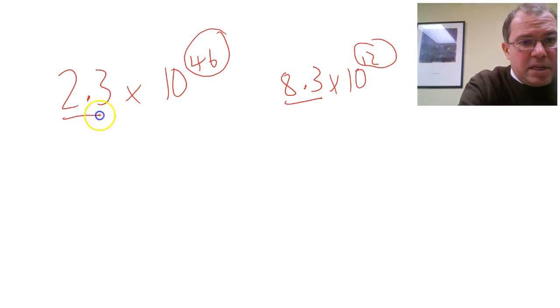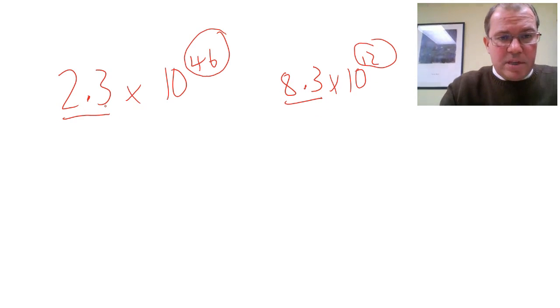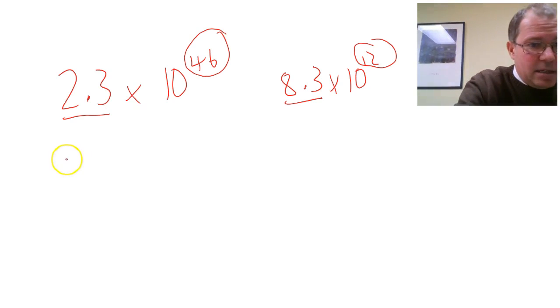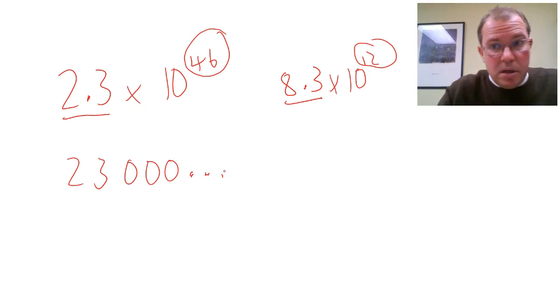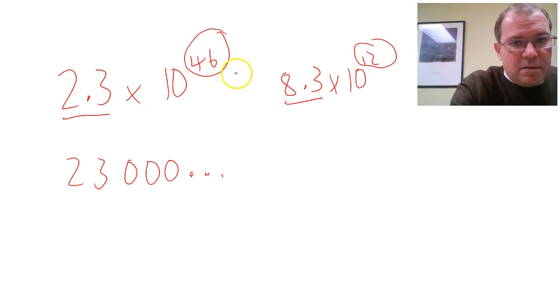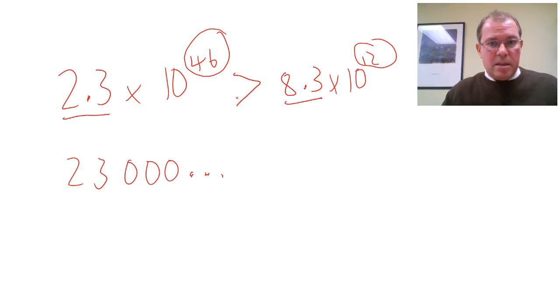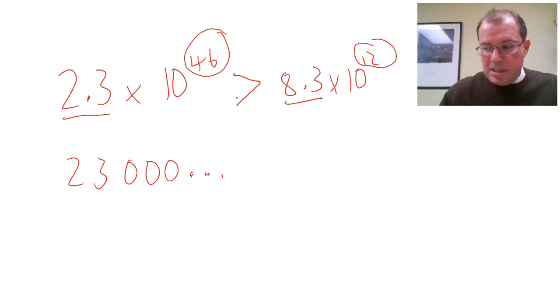So even though 8.3 is bigger than 2.3, 2.3 times 10 to the 46 is way bigger than 8.3 times 10 to the 12. And I'm sure you can imagine in your head, writing this number out with all the zeros would be absolutely horrible, which is why scientific notation is really useful.